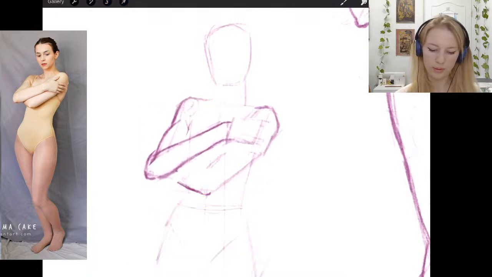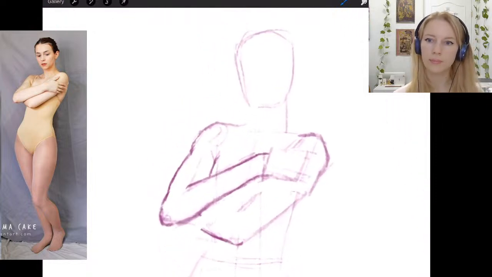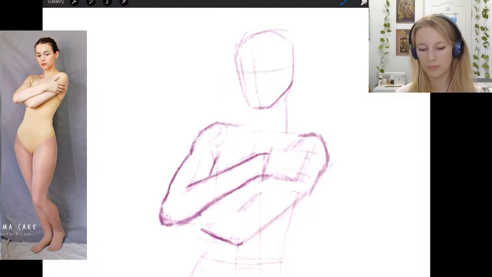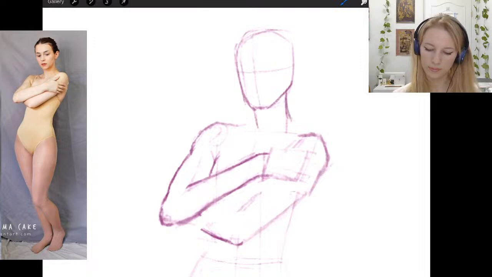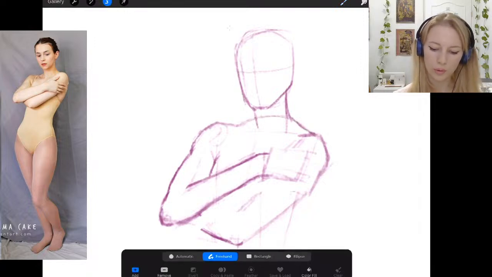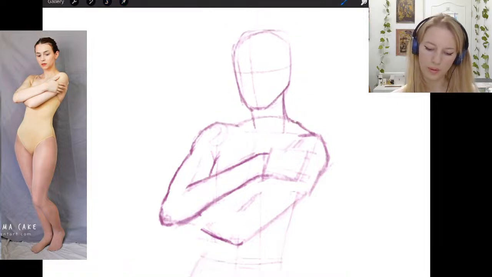Should be somewhere here. Just want to move this part as well. I think it should fit in this location.